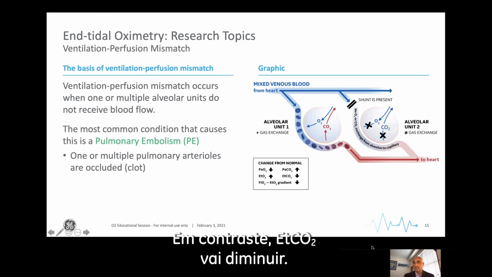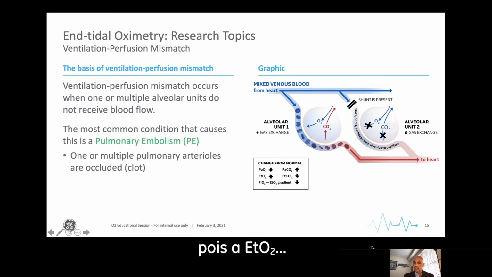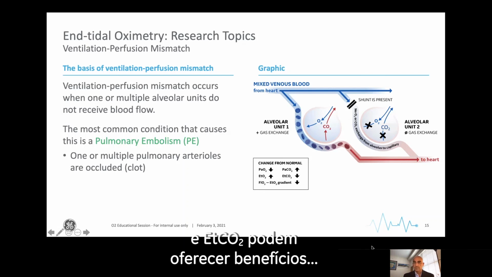In contrast, the end tidal CO2 will decrease. So there is some utility, from a foundational standpoint, that end tidal oximetry and end tidal CO2 have some benefit in pulmonary embolism.